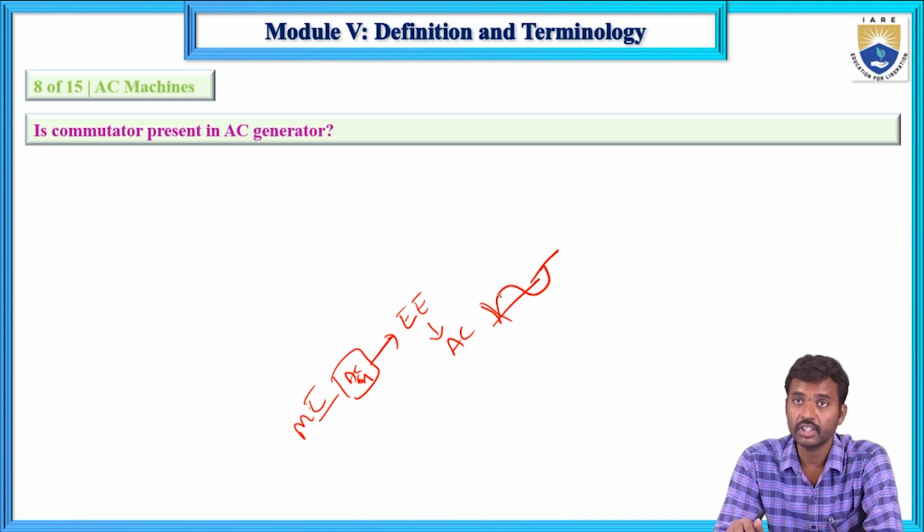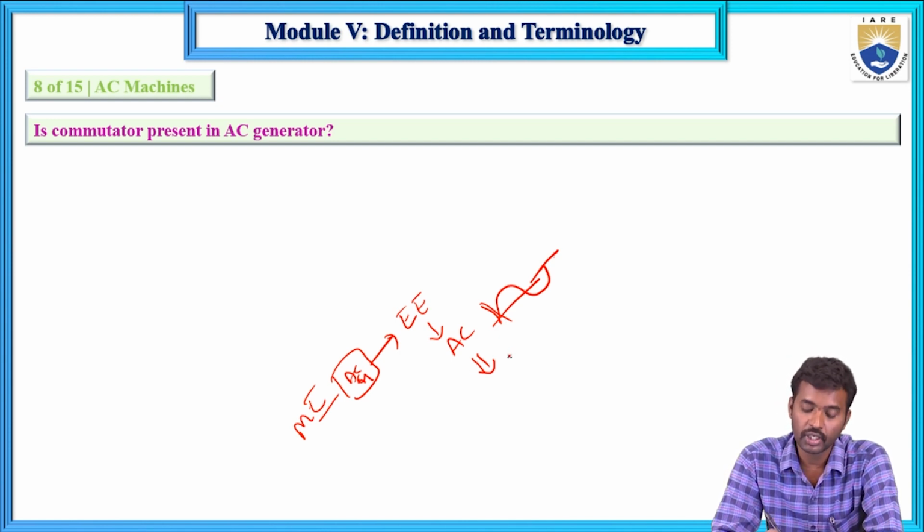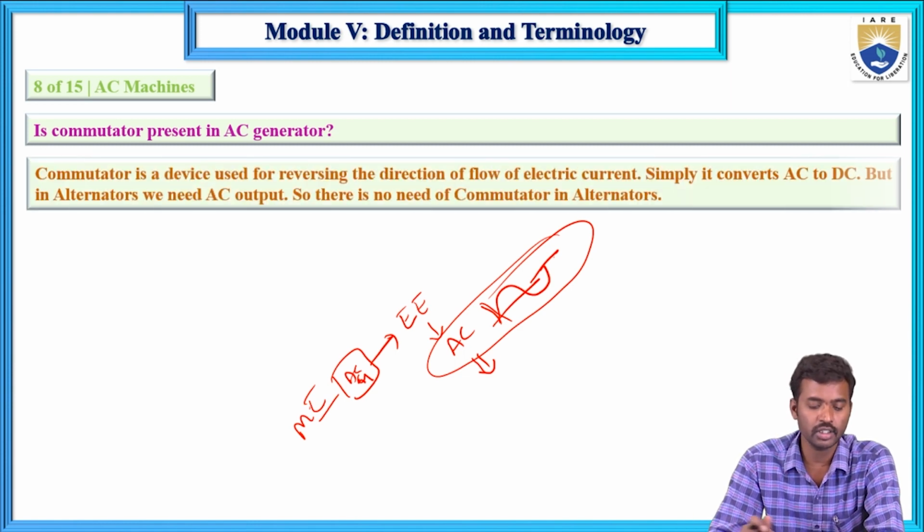In a DC generator there is a commutator, whose main purpose is to convert bidirectional current to unidirectional, that is, from AC to DC. But here there is already AC supply, so it does not require a commutator.